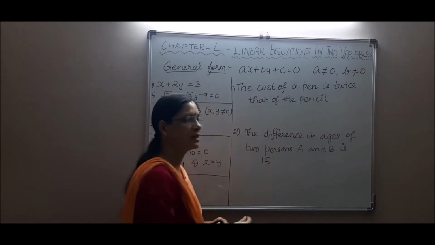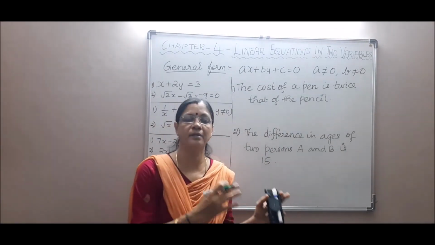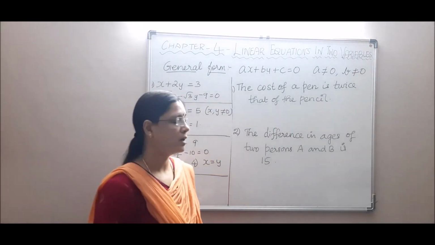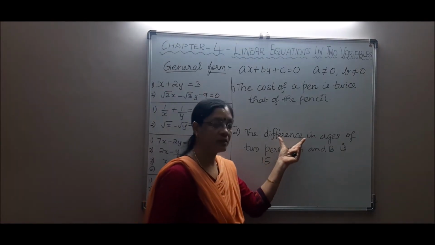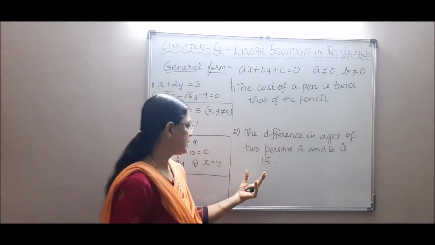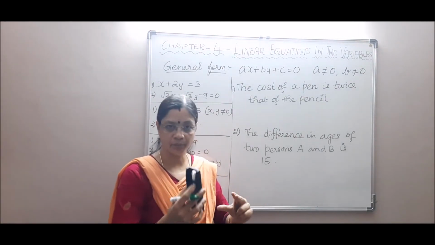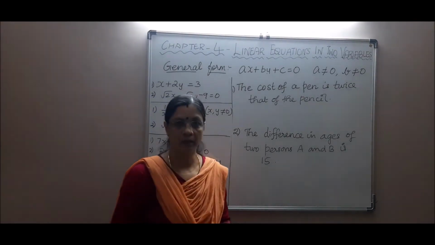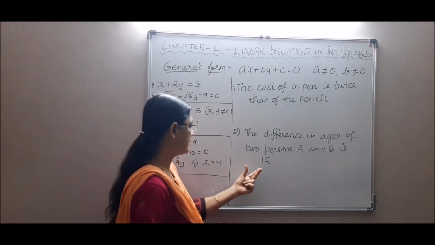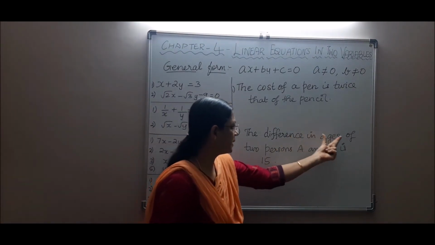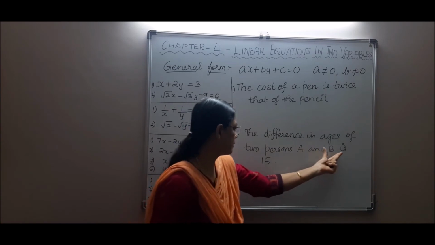Let one person be A and another person B. This difference in their ages is 15. That is, when you subtract the ages of the two persons A and B, it gives you 15, isn't it? So the difference in ages of the two persons A and B is 15.